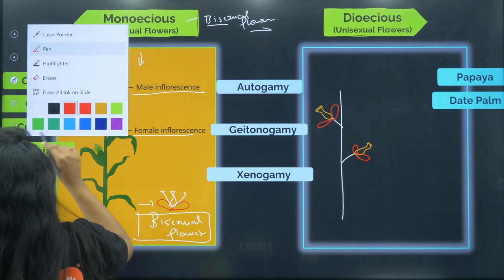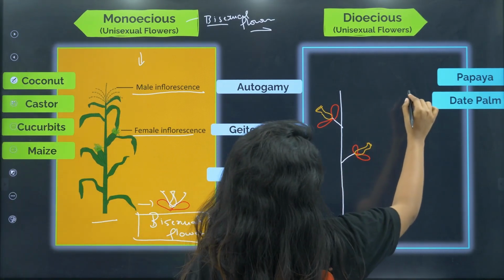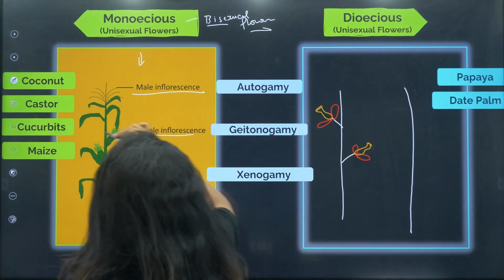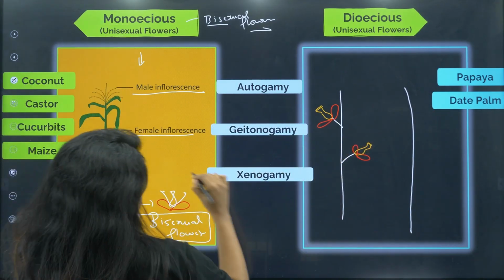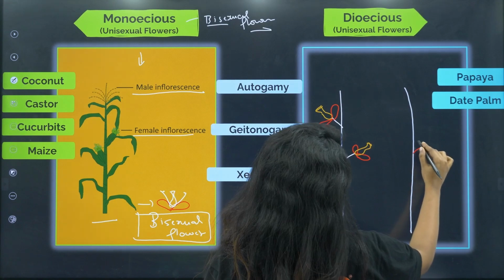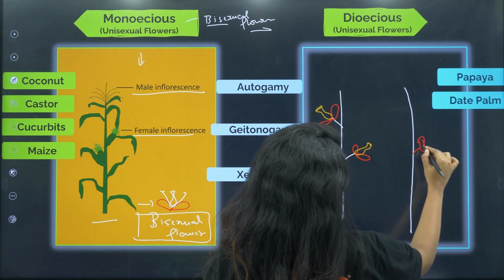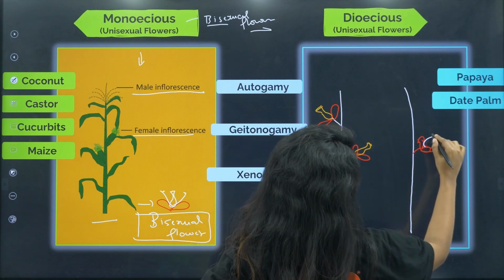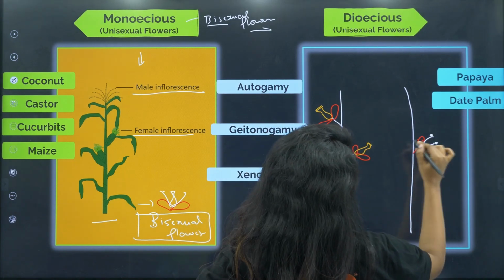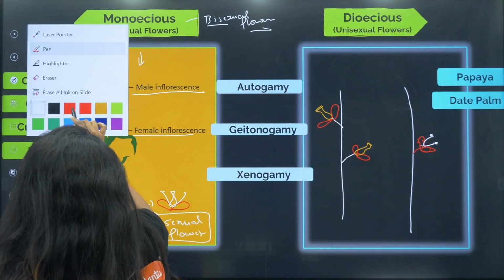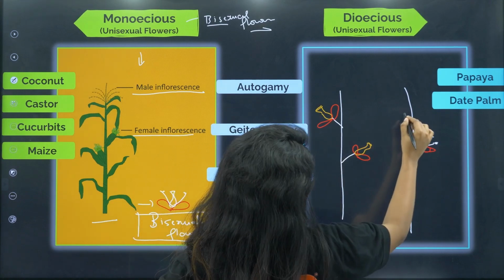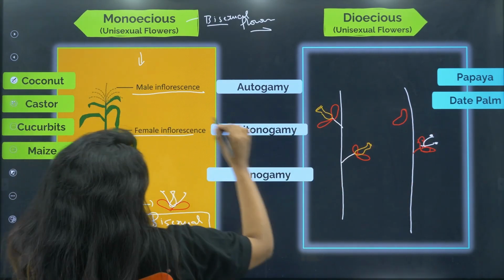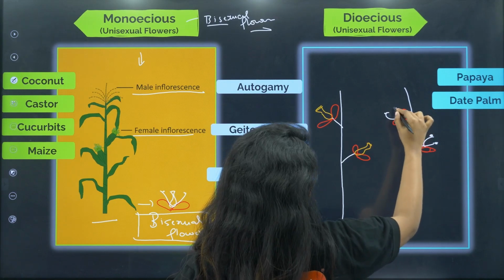But then you will be having another plant, where you will be having what, children? The stamen. Over here also you will be having another flower which will be having the stamen.